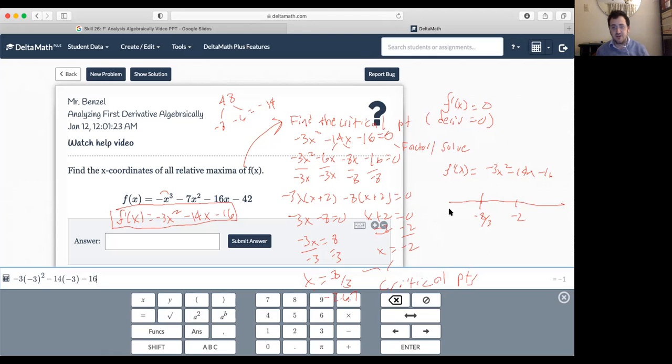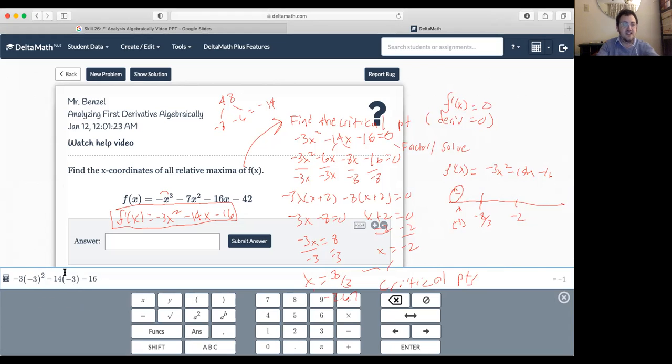And all what I care about, and I like to put the number that I plugged in in parentheses, so I tried a -3, and I got a negative number there. So that means that the function is decreasing at that point because we have a negative first derivative. Maybe a number that is between -2 and -8/3.